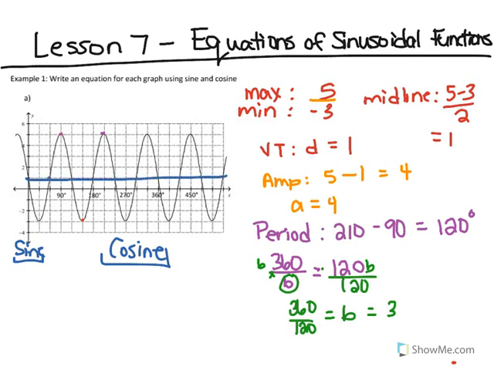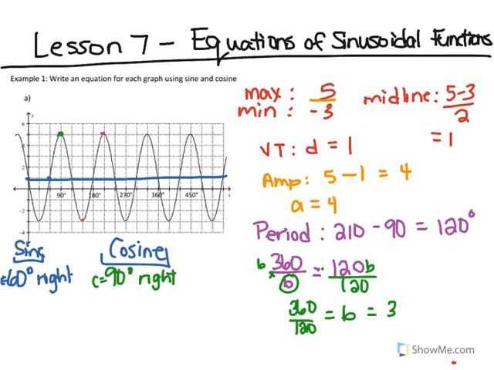So our starting point is here at 60 degrees. So sine has been translated 60 degrees to the right. Our cosine starts with our maximum, so it starts right here. So it has been translated 90 degrees to the right. So now that is our c value for the cosine and our c value for the sine.